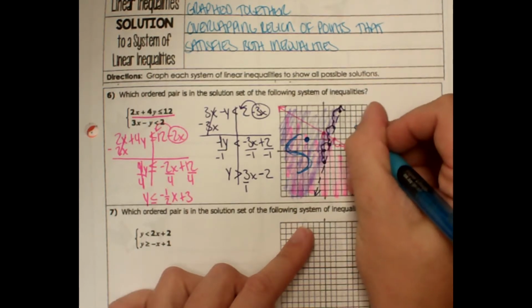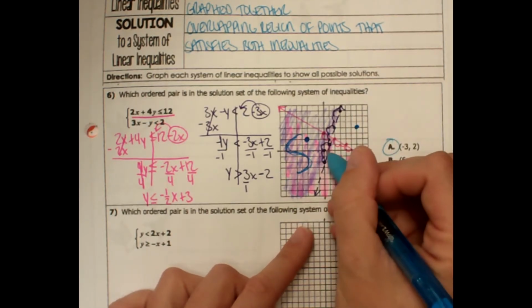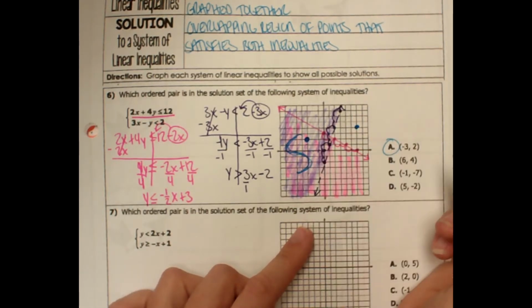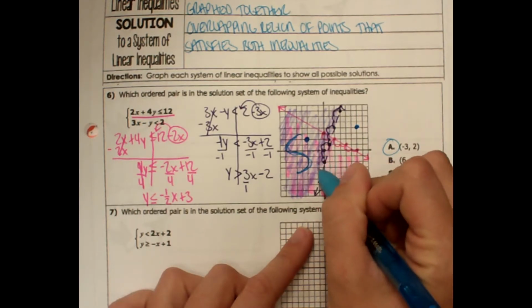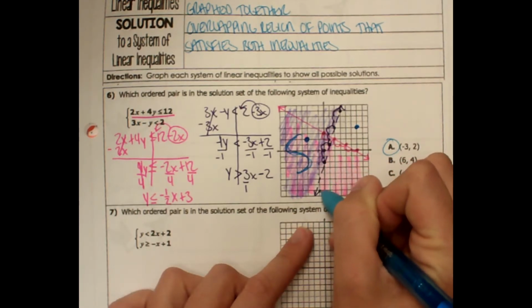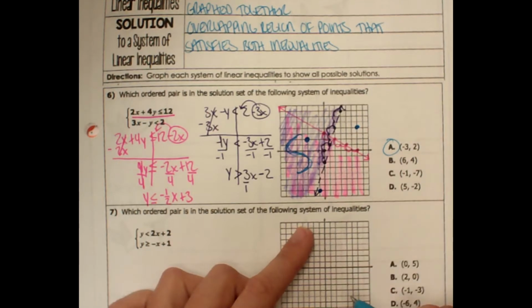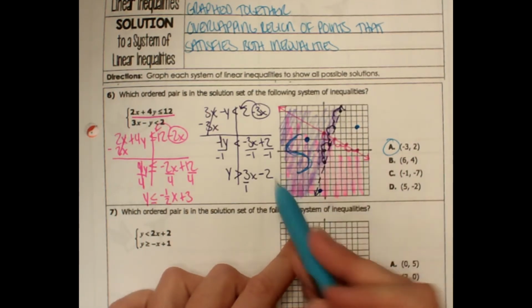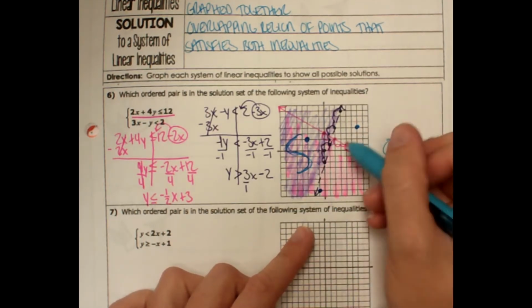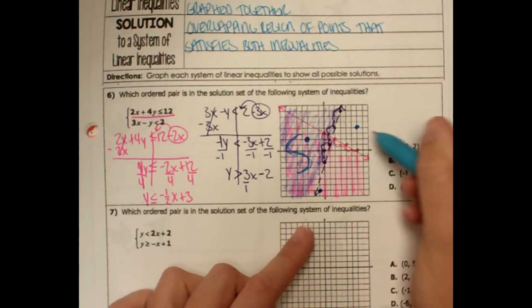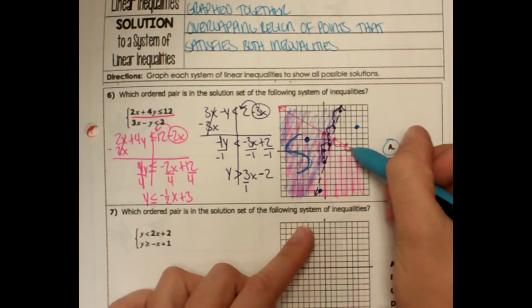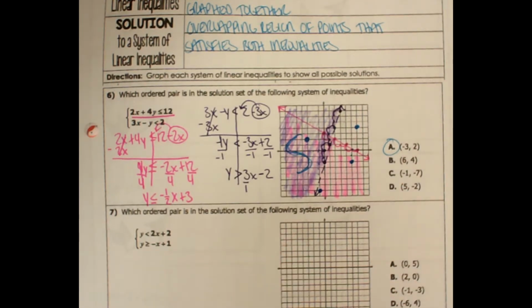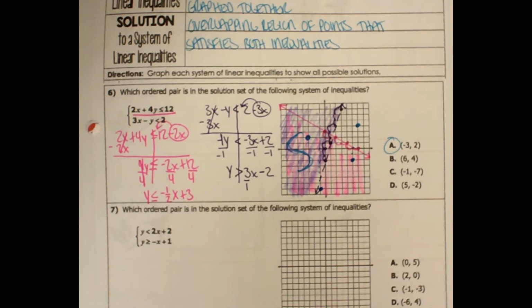Well, that's not a solution. What about negative 1, negative 7? If you see, that falls out of the purple, so it's in the pink, but it's not in the purple, so that's not a solution. And then 5, negative 2, is also just in the pink, but not in the purple. So you can see your solution is only going to be the negative 3, 2.